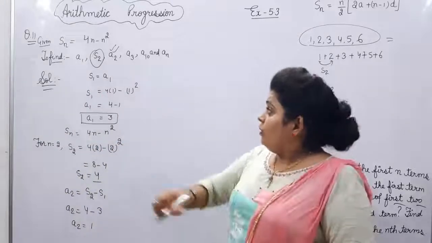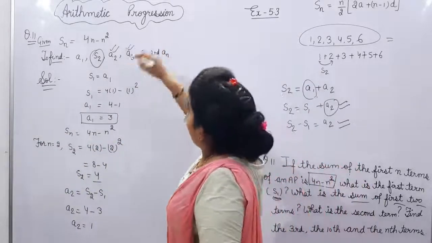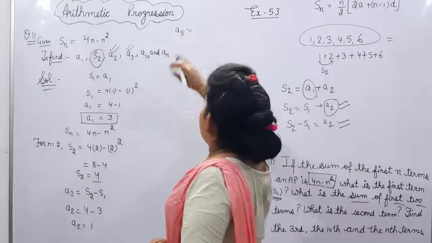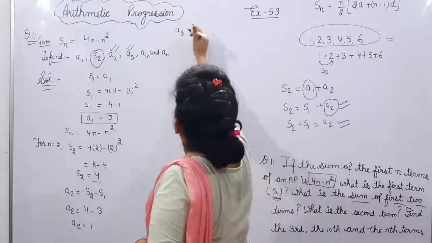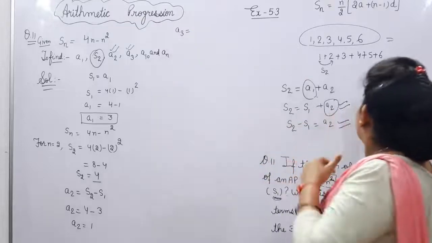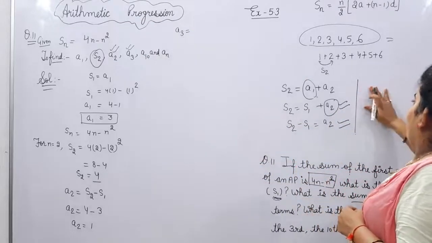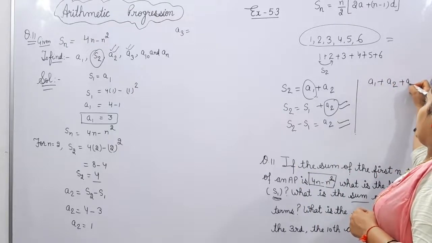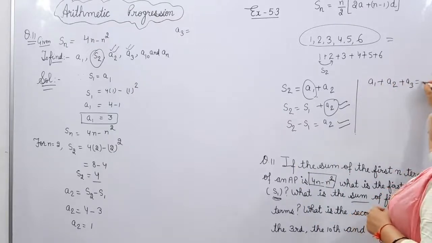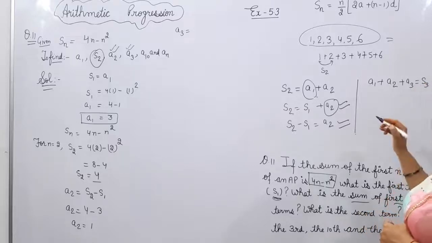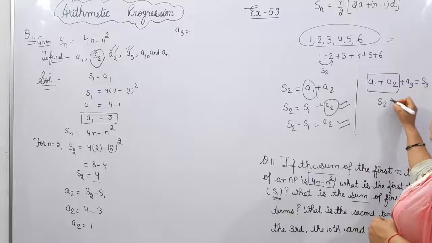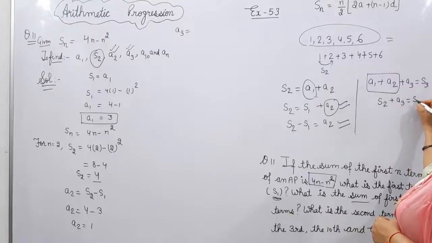Now what we have to find? A3. अब हमें A3 find out करना है. Using same formula, this A3 will equal to... अगर हम बात करें A1 plus A2 plus A3 की, and it represent S3. ये S3 को represent करता है, and S1 A1 plus A2 is S2 plus A3 is equal to S3.